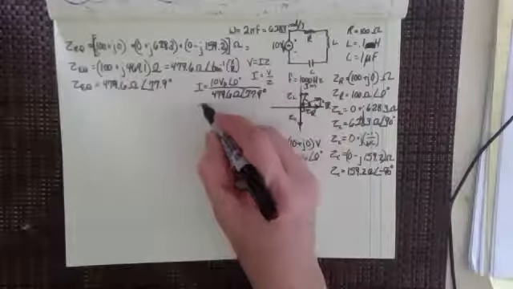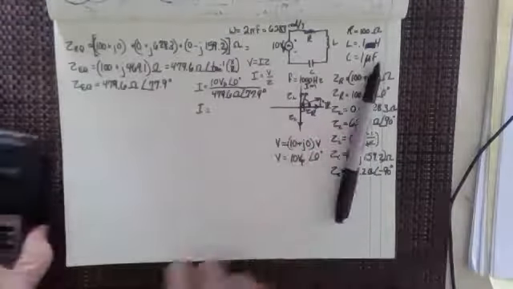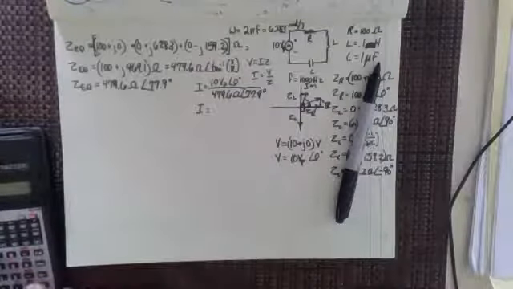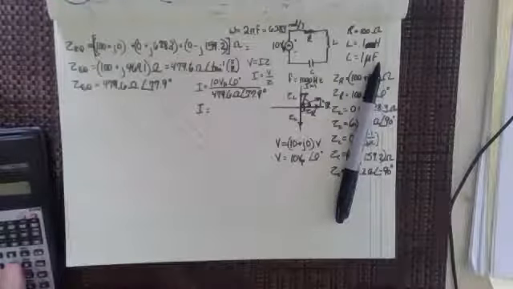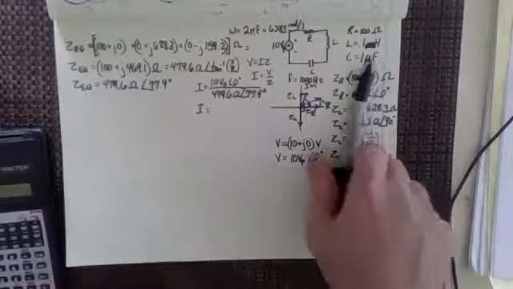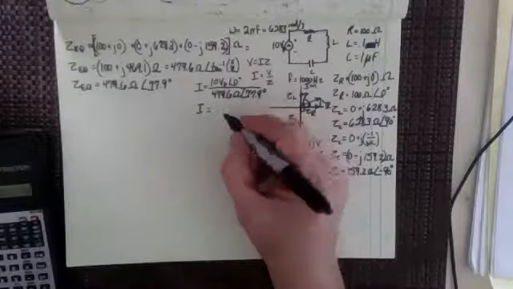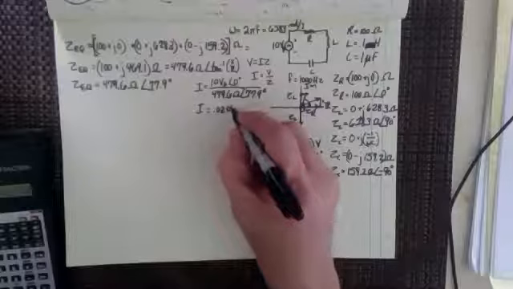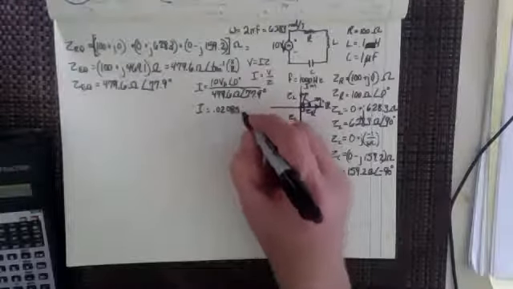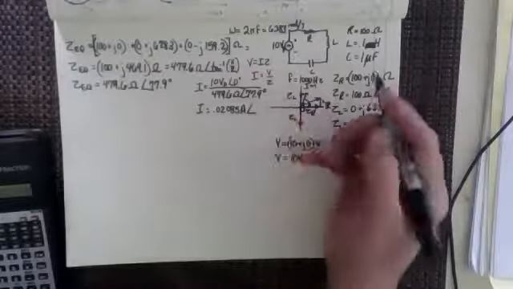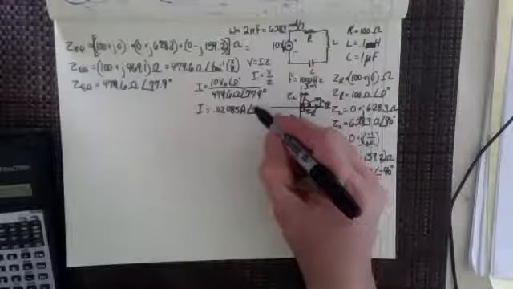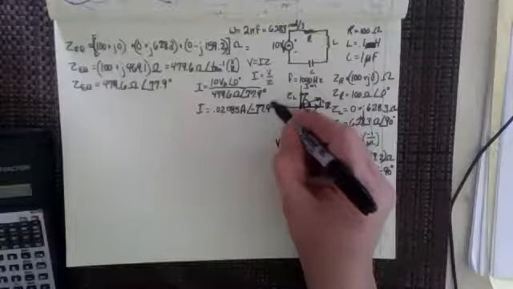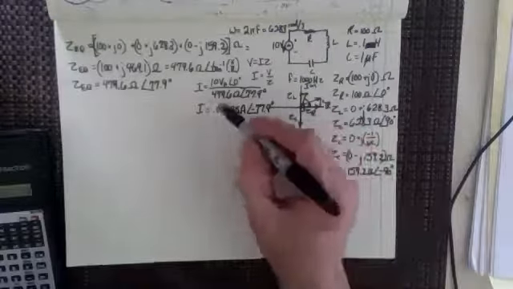So we can quickly figure out what our current is going to be. 10 divided by 479.6 gives us 0.0208 amps. And what angle is it at? Well, 0 minus 77.9 gives us a minus 77.9 degree angle. And that's what our current is going to be.